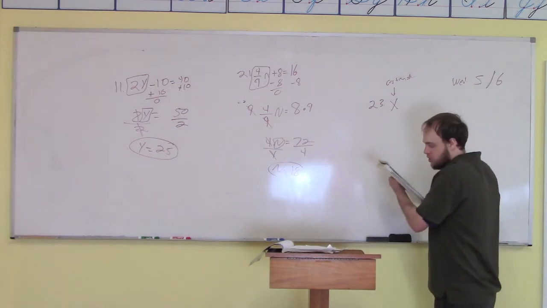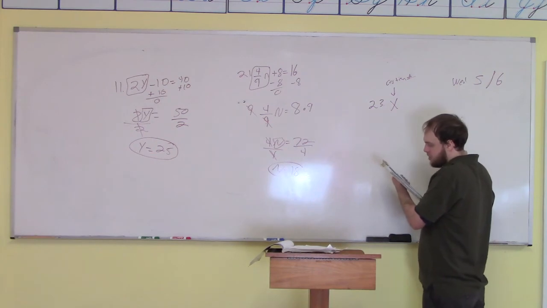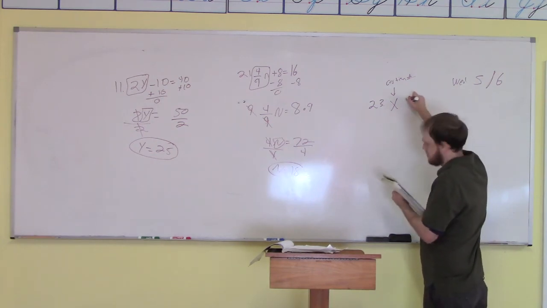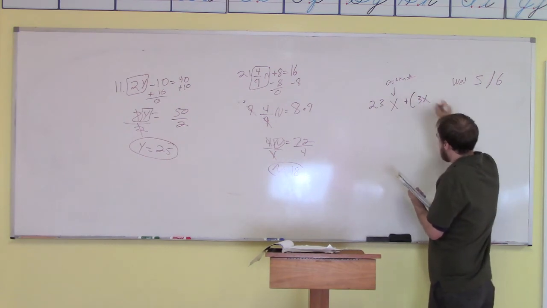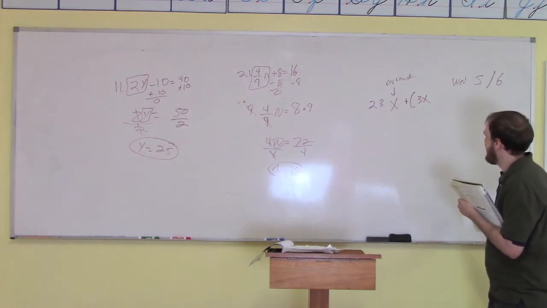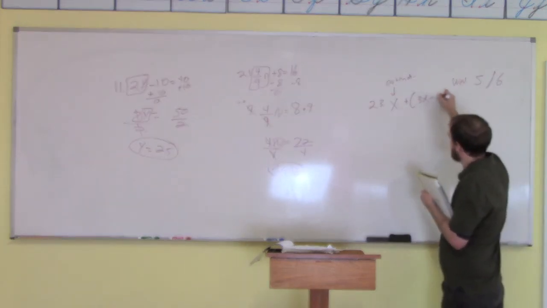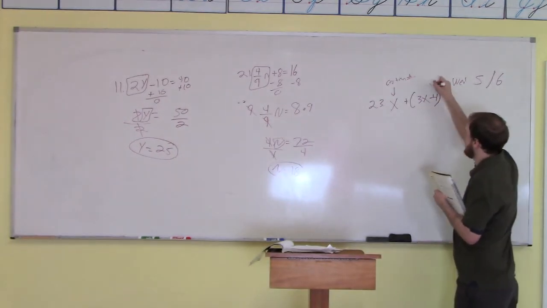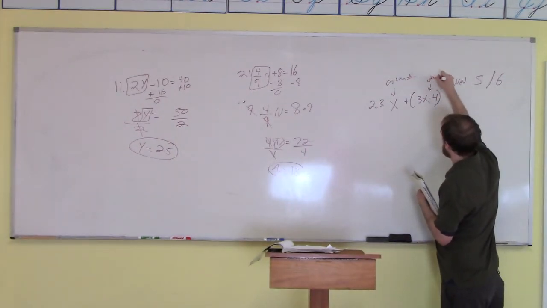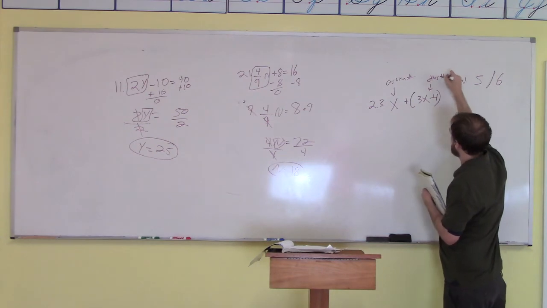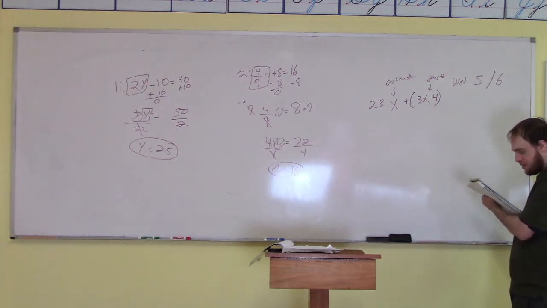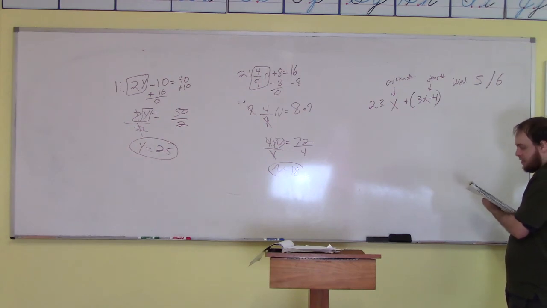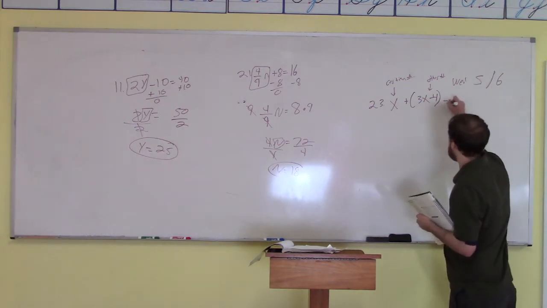So I'm going to do 3 times that other number, and it's 4 less than that. So it's going to be 3 times the other number minus 4. That is the other number. Certain number, other number, and we know they're equal to 16.